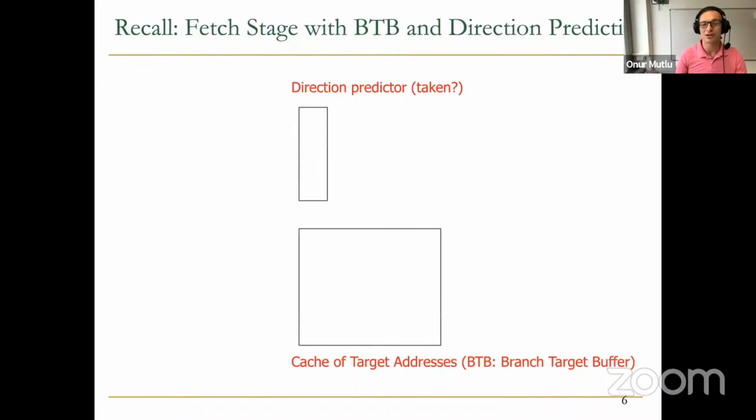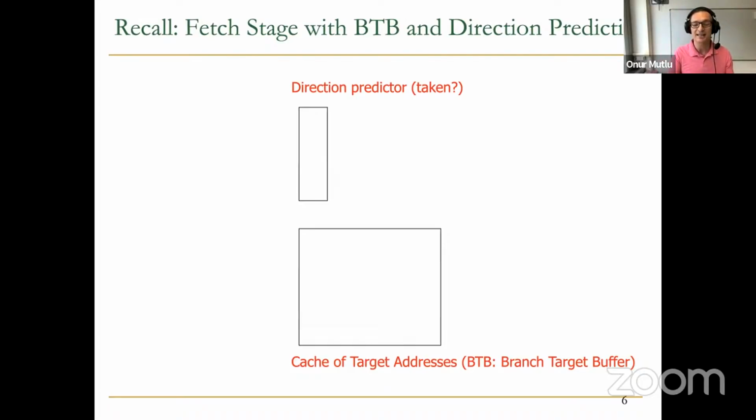Okay, and we were talking about basically how to predict conditional branches, especially. And this is the fetch stage we constructed. So I'm going to construct again quickly. Basically, if you want to predict the next fetch address while you're fetching the current instruction, you basically need to figure out the target address of the instruction as well as the direction of the instruction. So direction of a conditional branch can be taken or not taken.